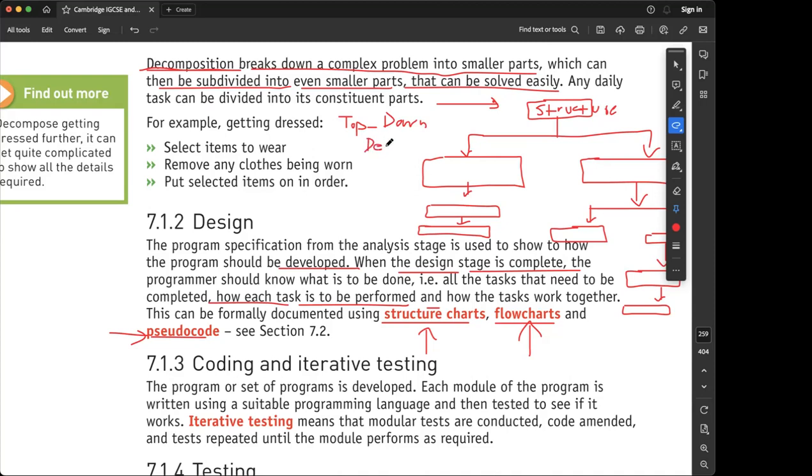Structure chart, top-down design, right? And one more name is left. Subroutines. So many names are there. There are many names for a structure diagram. Is that okay or not okay?